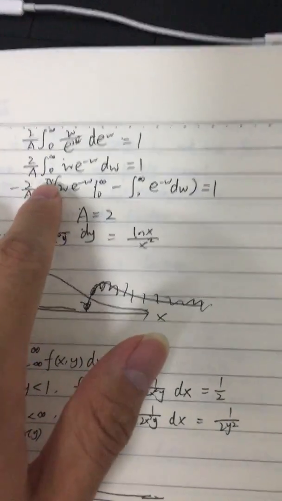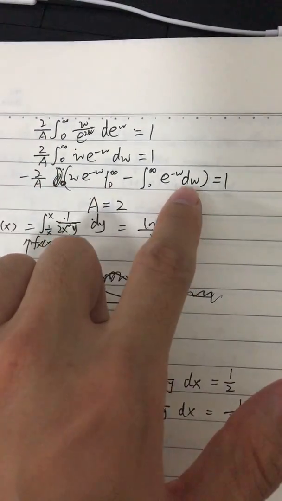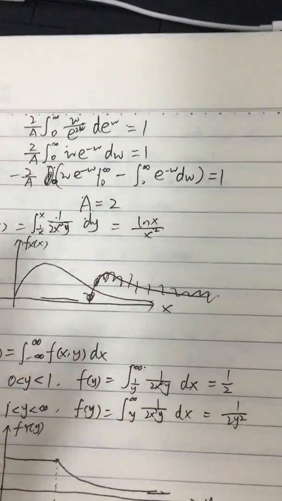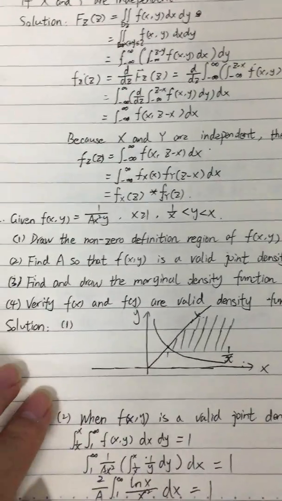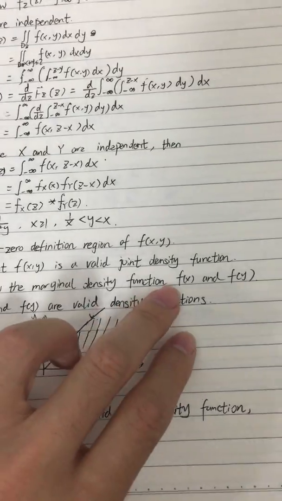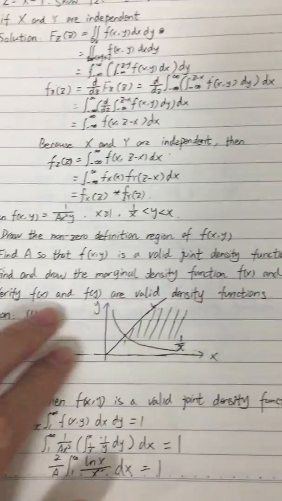And then we can get this equation and solve out a is equal to 2. And the third part is to find and draw the marginal density functions f_X and f_Y.